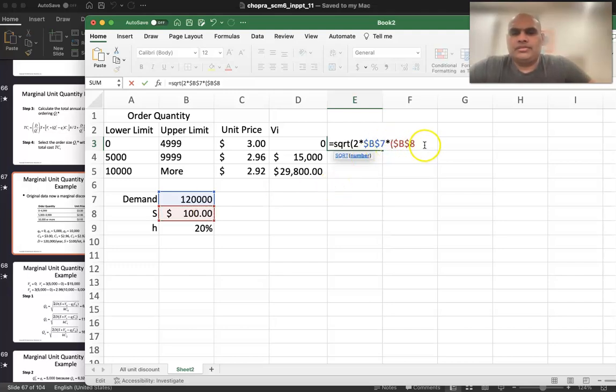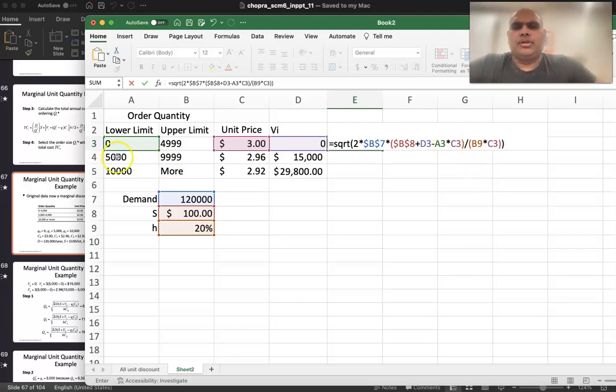It's going to be S plus V1, minus V0, divided by H times C.